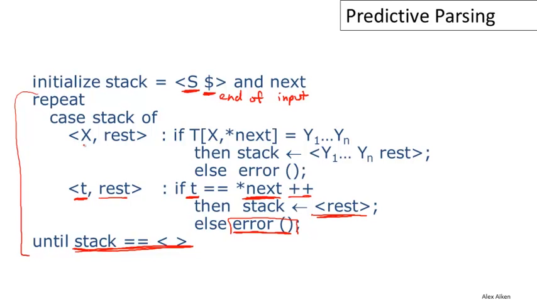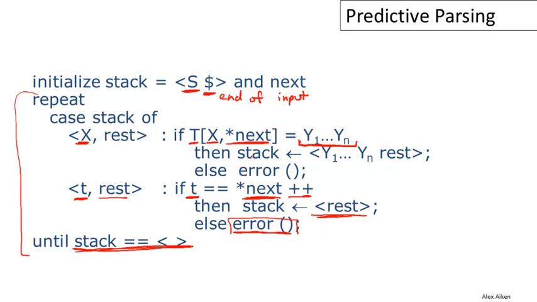Now, the second class of moves deals with the non-terminal. So let's say that the top of the stack is a non-terminal X. And remember that the top of the stack will be a non-terminal exactly when that is the leftmost non-terminal. So now what we do is we look at our parsing table under the entry for X and the next input symbol, and that should give us the right-hand side of a production. Okay?